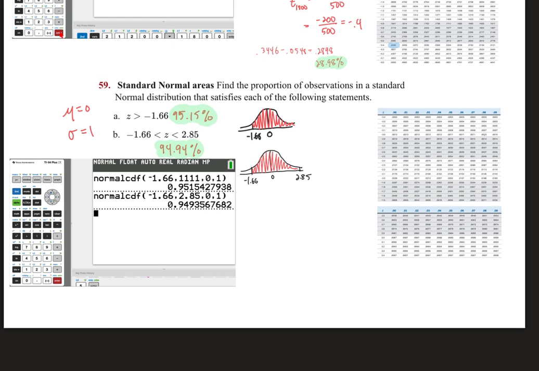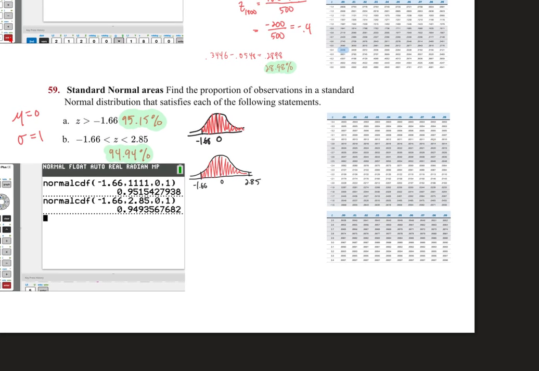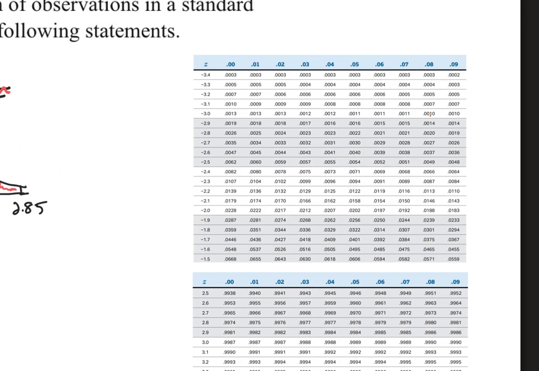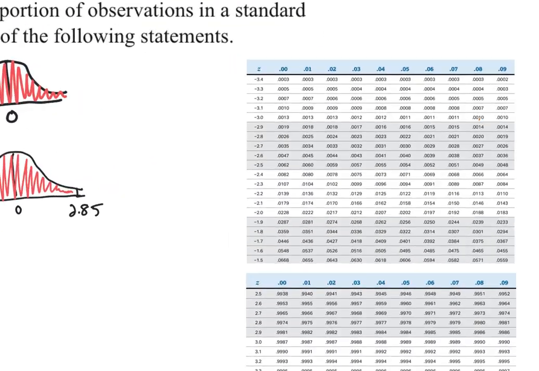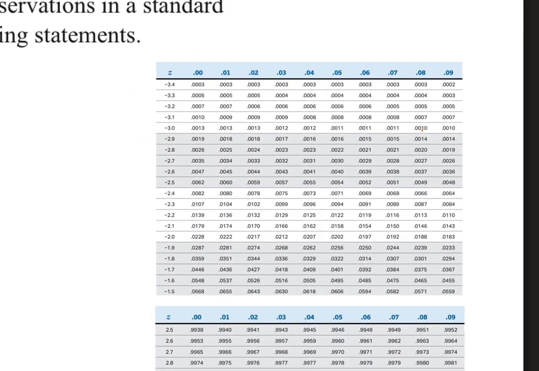Okay, so let's do the same thing with table A now. So the nice thing about this one is we don't have to find z-scores. We're given the z-scores. So the first z-score is negative 1.66. So let's find that. Okay, so here's negative 1.6 here, and then here's 0.06 up here.